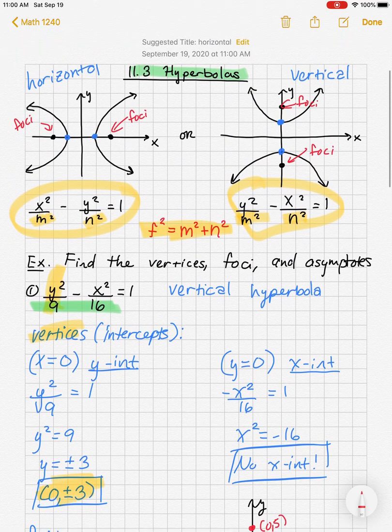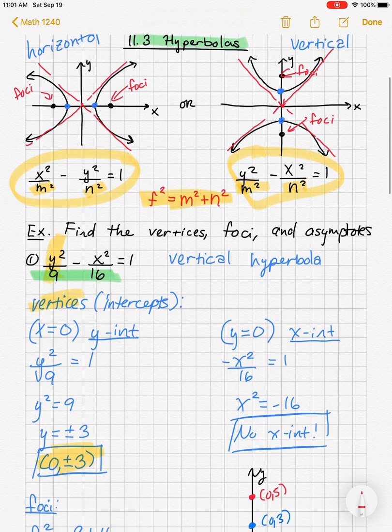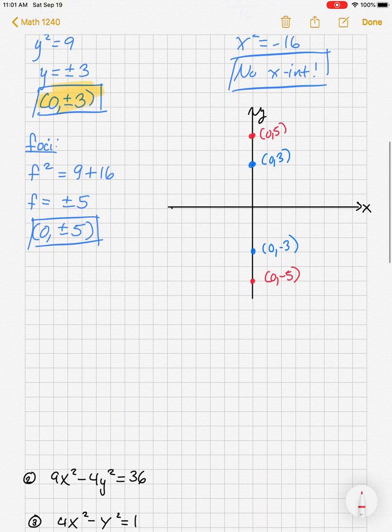And then what else? Actually, hyperbolas have asymptotes. For the simple hyperbolas that we're dealing with, the asymptotes will go right through the origin. And those asymptotes are what is going to determine how steep the hyperbola is.